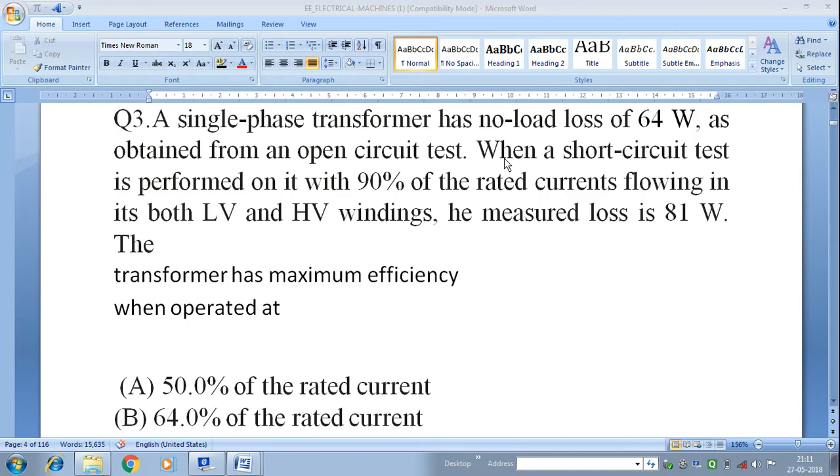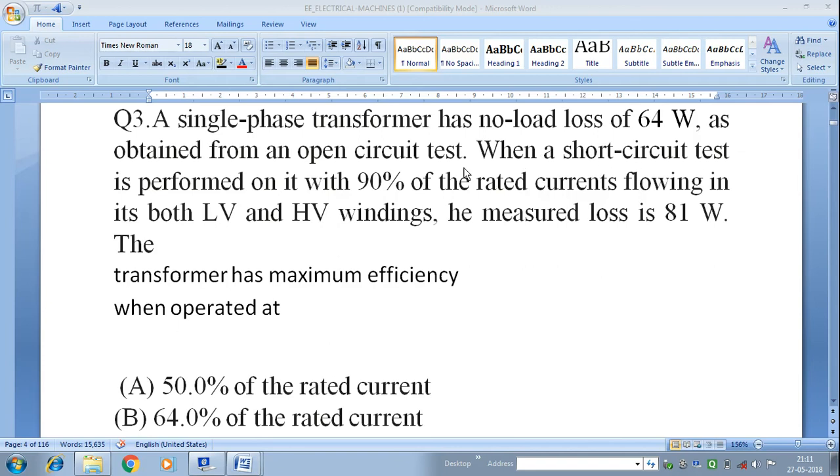Then from short circuit test we can find out the copper loss, because in case of short circuit test, we are supplying the rated current.